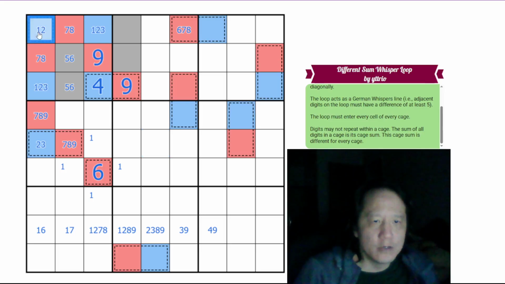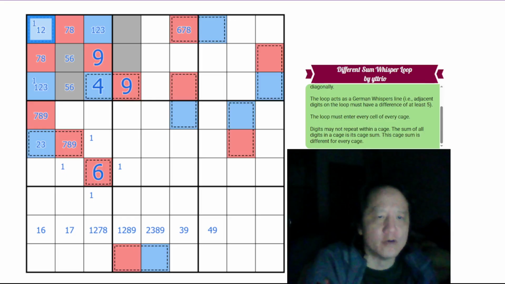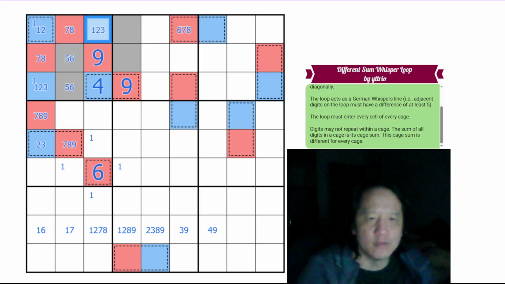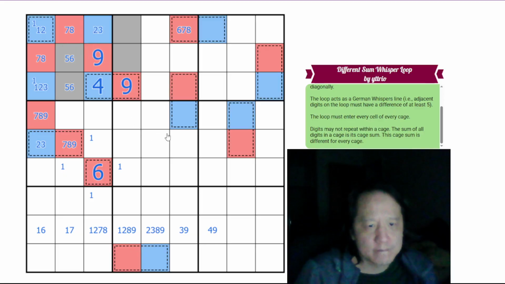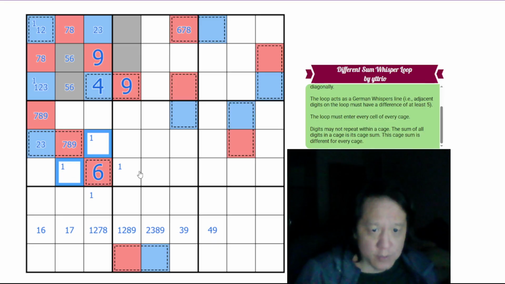So we know in column 1, we have a 1, 2, 3 triplet, and 1 has to be in one of these 2 cells. So this is definitely 1, which means this cannot be 1 here. This is 2 or 3. One of these is low. It must be next to 1.